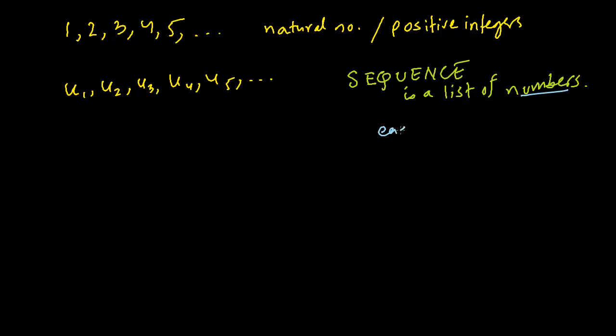So each number in the sequence is called a term. That means this is a term, this is the second term, this is the third term, and on. So this U sub 1, U sub 2, U sub 3, these are labels where we are supposed to have numbers in that.